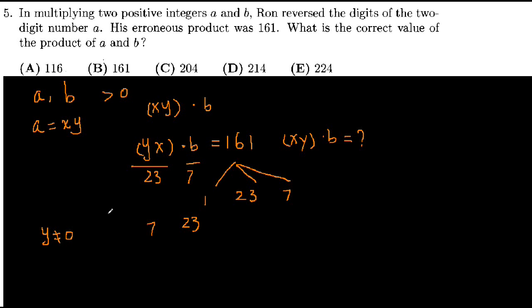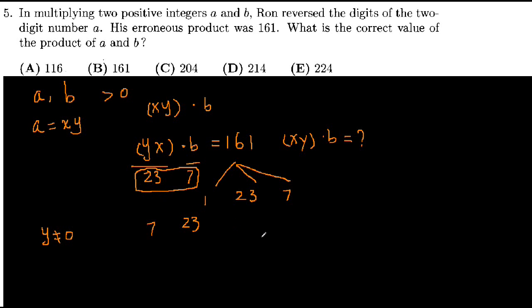I think the problem given here implies y cannot be 0. In other words, the reverse of A, the digits of A, still are 2 digits, and if that's our assumption, then we know this would be the solution.